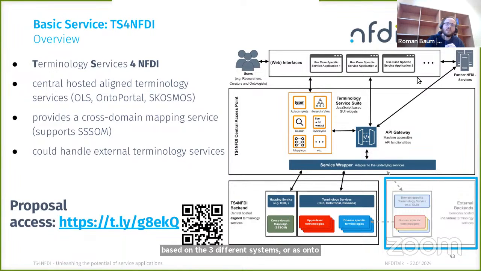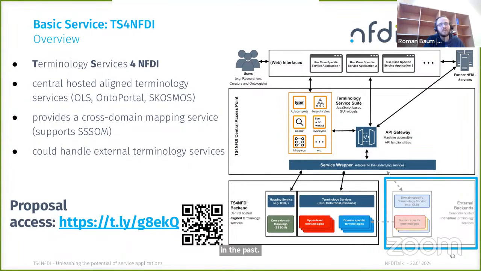Since the terminology service suite, or these JavaScript-based widgets, are only using the API of the backend services, which is OLS, Ontoportal, or Cosmos. And what you also could spot with my introduction is that we already have 2 different services on board, and we have some experience with that in the past with OLS and Ontoportal.